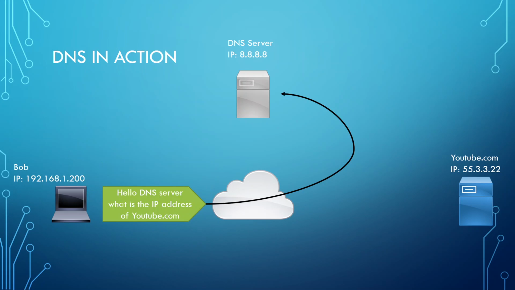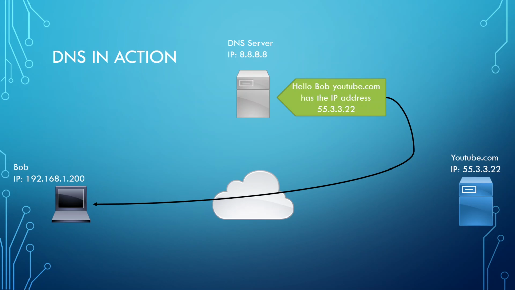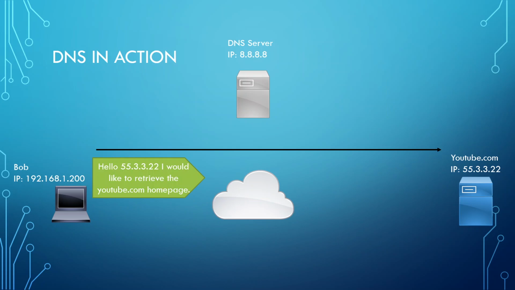He sends the DNS request to the server, essentially saying, hello DNS server, I want to know the IP address of youtube.com. The DNS server responds, hello Bob, youtube.com actually has the IP address 55.3.3.22. Now, Bob can speak directly to youtube.com and essentially say, hello 55.3.3.22, I would like to retrieve the homepage for youtube.com.